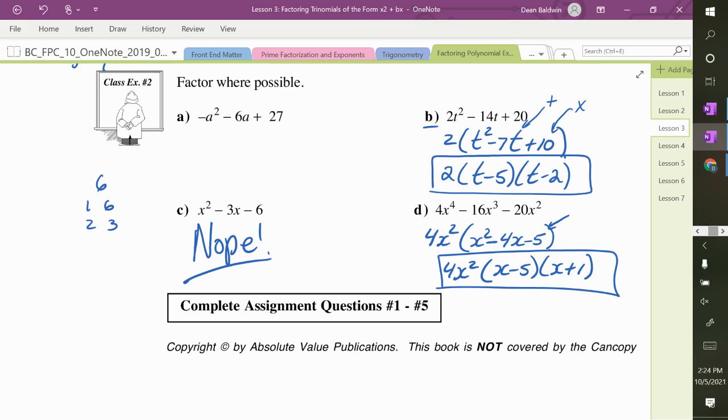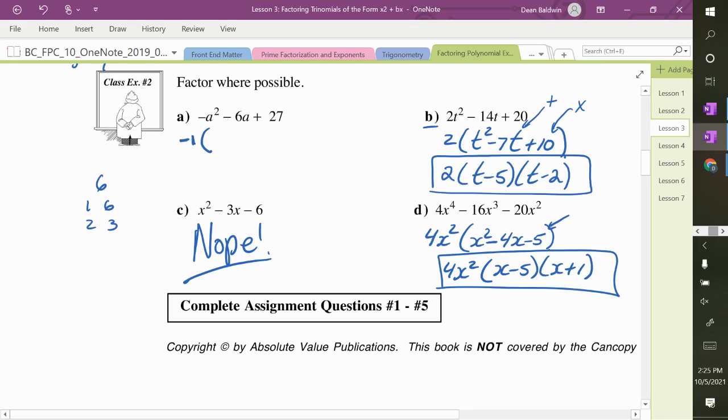You could put it on the bottom, but that's not going to help you. Factor out a -1. If you take out a -1, you divide everything in there by a negative, which flips all the signs, right?